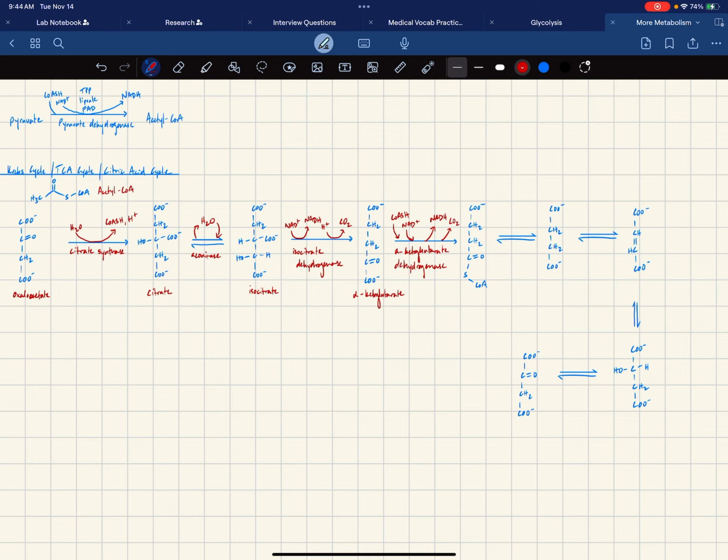Specifically, that's this bottom CO2 right there, because we've replaced it with this CoA group that we put in. And so this is called succinyl-CoA. And once we have succinyl-CoA, we run that through succinyl-CoA synthetase.